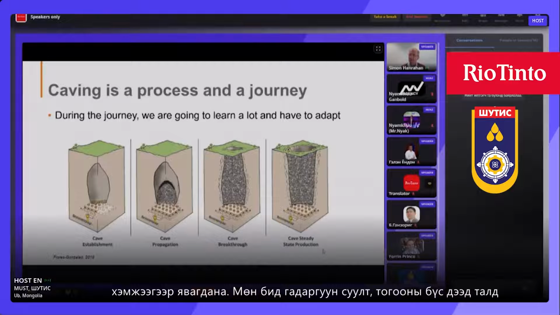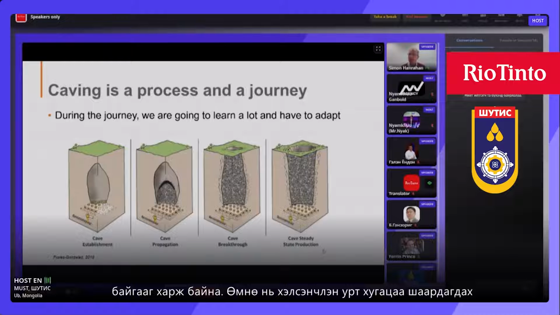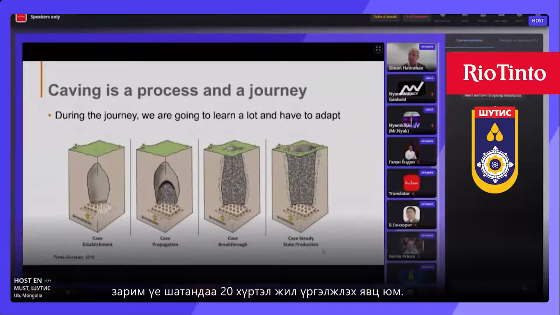It's got a bit larger, so the cave, if we're operating it correctly, is pulled out to the full volume. And again, we can see we've got a surface subsidence crater zone on top. So a long journey, as I said, up to 20 years in some stages.